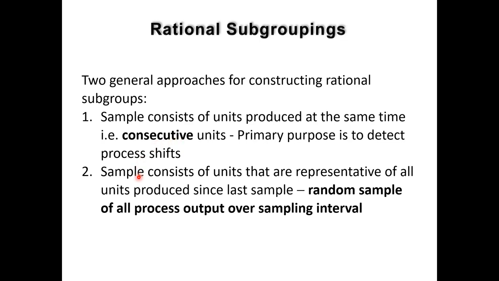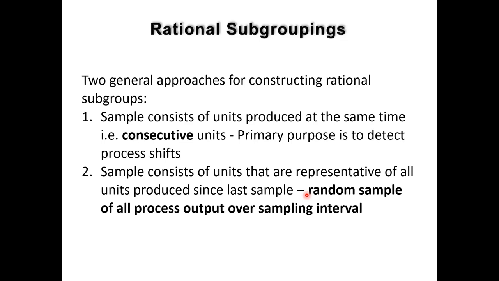The other approach is that the sample consists of units that are representative of all units produced since the last sample. So in this example, you have a batch of items being produced at a point of time, say 10 or 20 items in a very short period of time, and you just randomly select 5, for example.